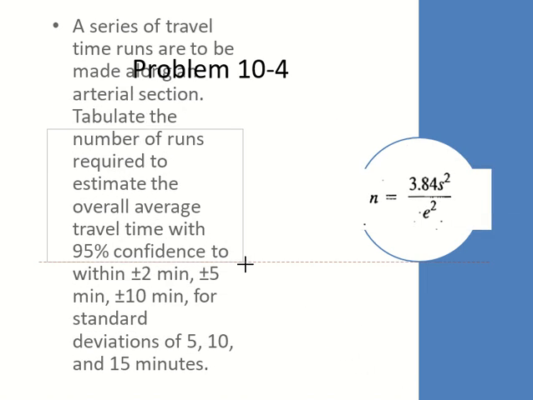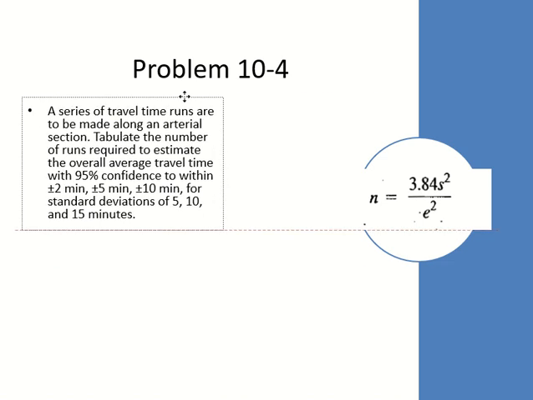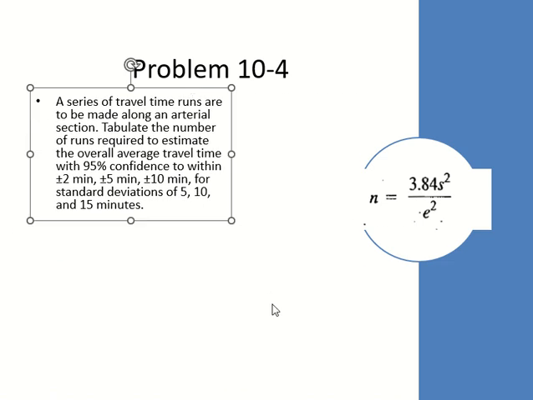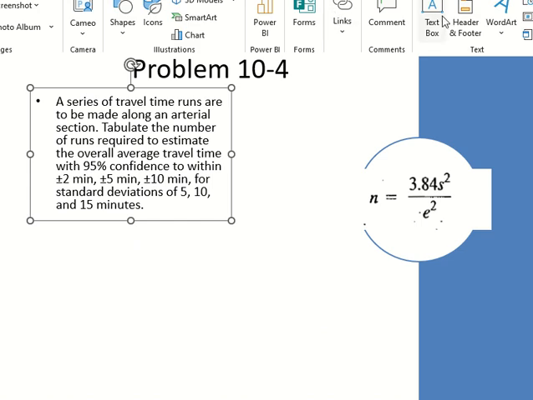So what is the value of e here? 2, 5, 10. Yes, the one with the plus minus sign, because this is tolerance, so this has to be with the plus minus.